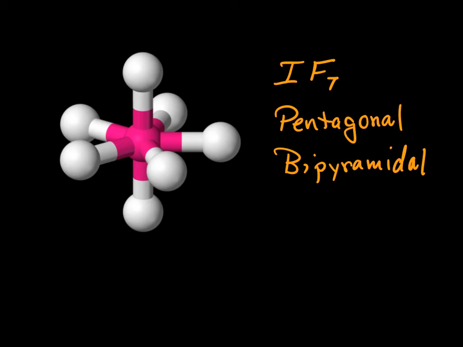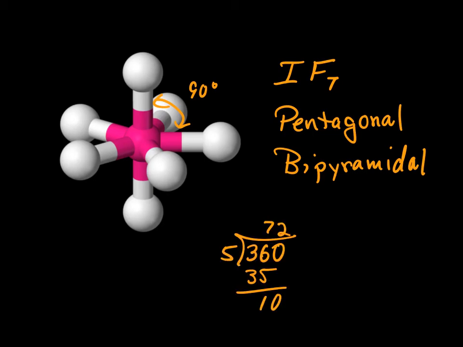And so in that pentagonal bipyramidal structure, we get 90-degree bond angles between the axial bonds and the equatorial bonds. If we divide our 360 degrees by 5, that gives 72-degree bond angles between the bonds on the equator. So we can have a pentagonal bipyramidal structure.